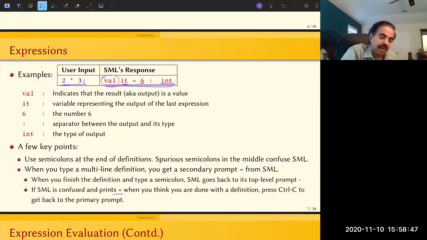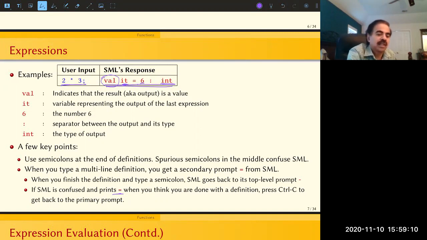Sometimes SML, instead of printing the answer, will print an equal to sign. What that means is that SML thinks that whatever you are typing is not done. It's expecting more to be typed in because it thinks it's not a complete expression.